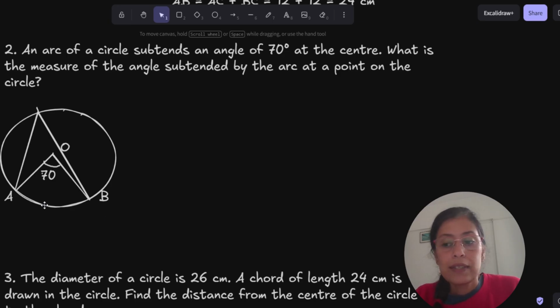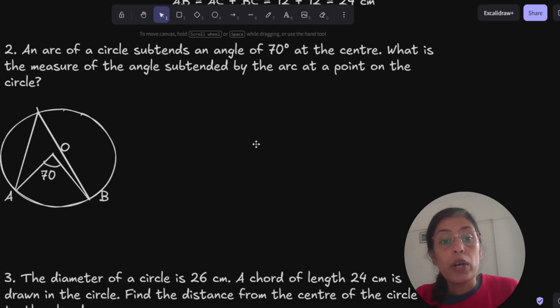Because if it is on this side, then you won't be able to figure out. I mean, all these questions must be based on one or the other theorem. And our theorem does not say anything about an angle which is subtended by a point on the same side of the arc. It always says about the other side. So if there hasn't been anything written on it, it means it is on the other side, right?